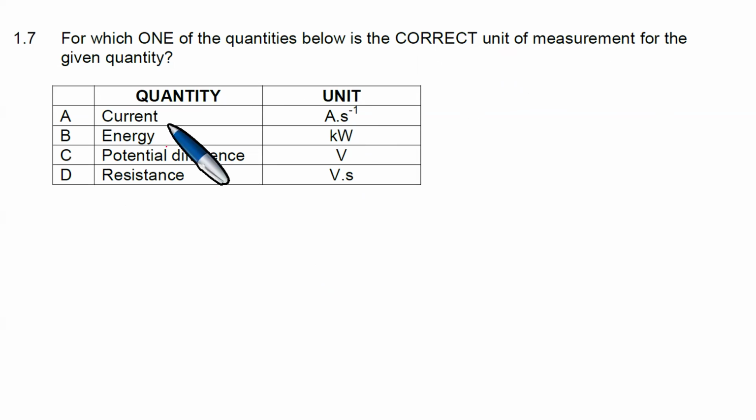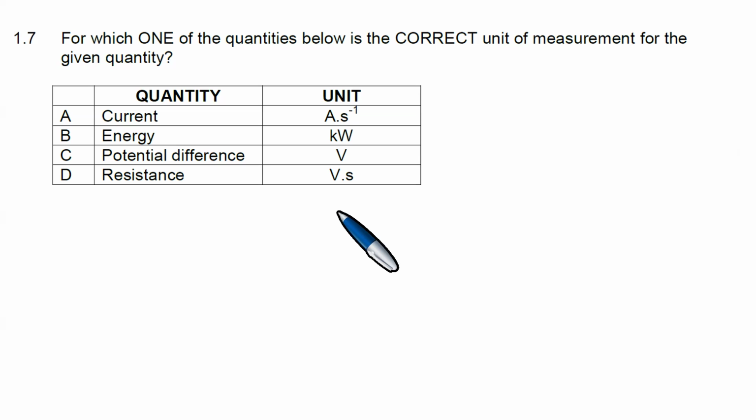And C, quantity is potential difference is measured in volts. D, resistance is measured in volts seconds. Which one is the correct answer? Okay, let's think together.